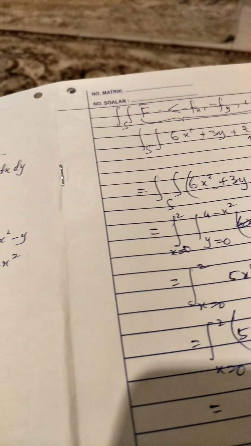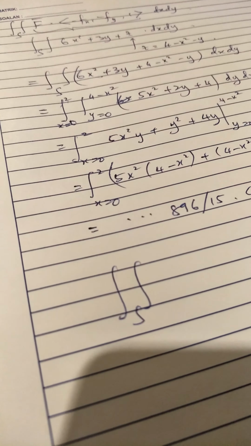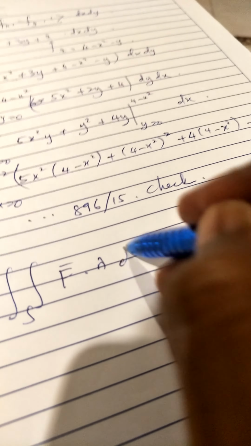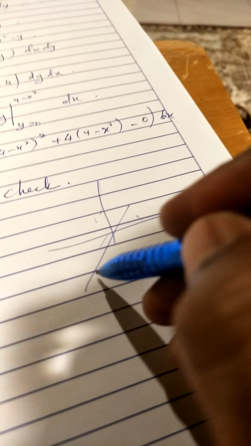So if you look at the integral that we dealt with earlier, the double integral over S of F dot n dS, we have this surface.